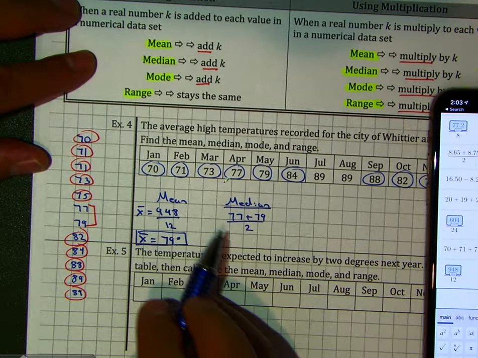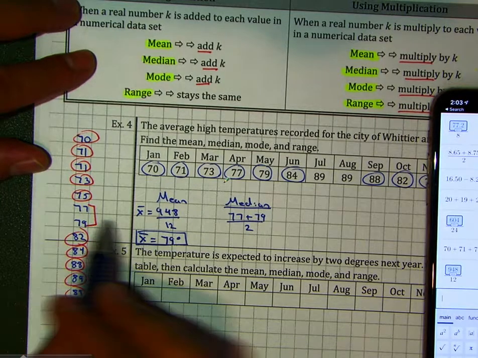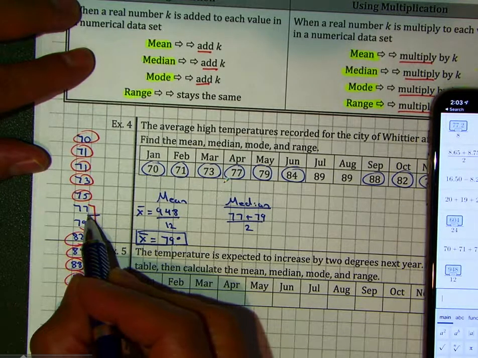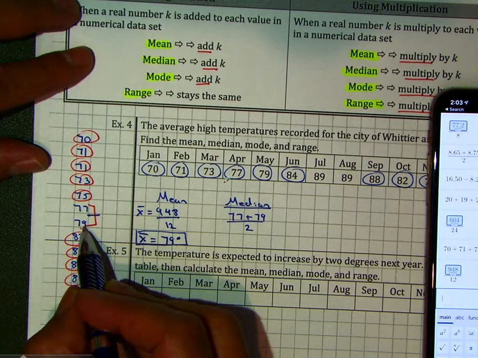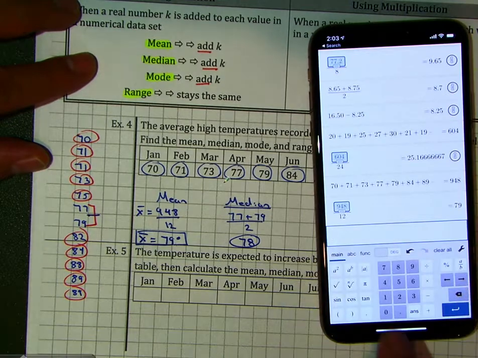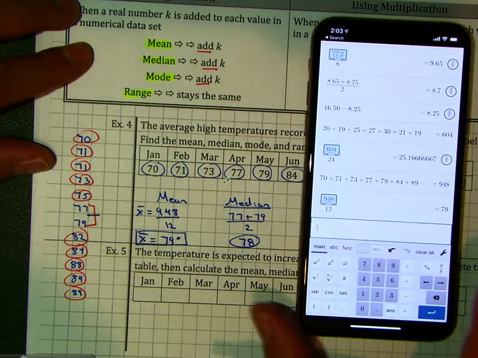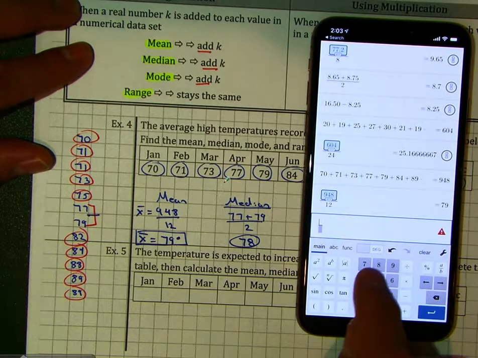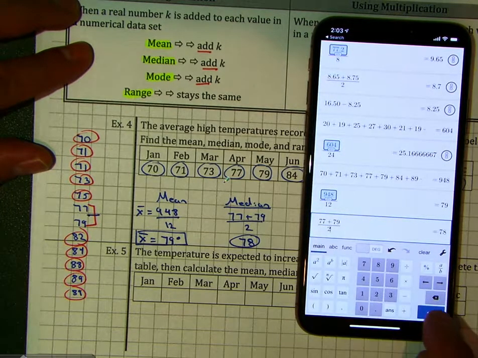Whenever you have two numbers in the middle, your median will be the number in the middle. In this case, between 77 and 79 will be 78. Or we can go through the process with a fraction: 77 plus 79 divided by 2, which is 78.